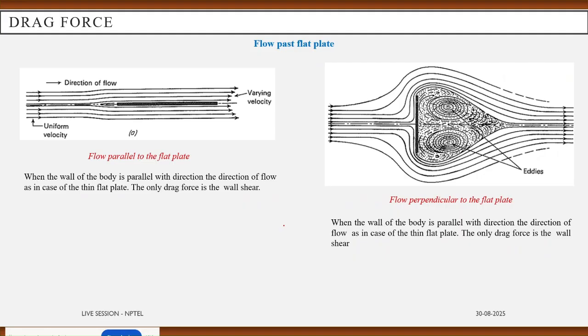So when we talk about drag force, you can see a flat plate, and the direction of the flow is parallel to that flat plate. Initially there is a uniform velocity, and then the velocity profile becomes like this.